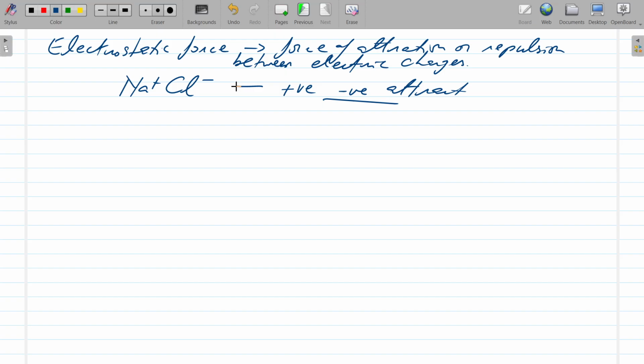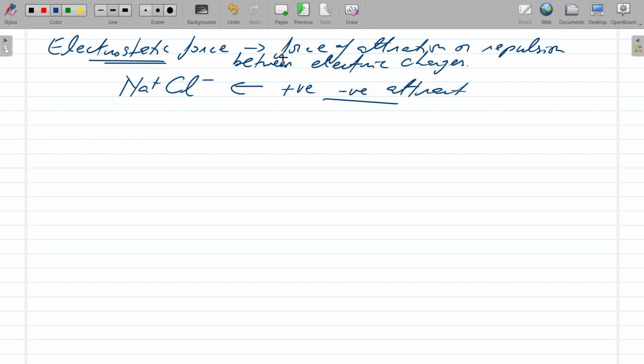And the electrostatic force that is now present between the atoms of these two elements is what is forming the compound sodium chloride. And it is a strong bond.